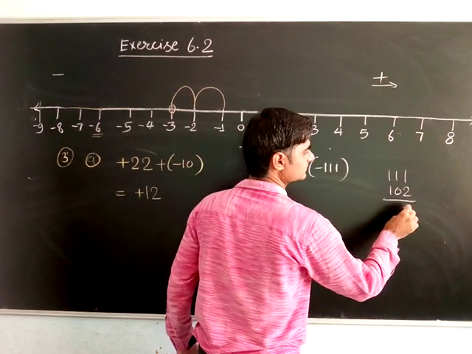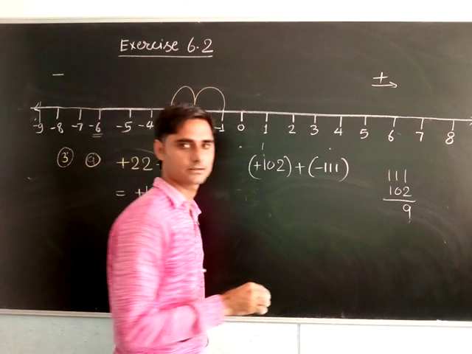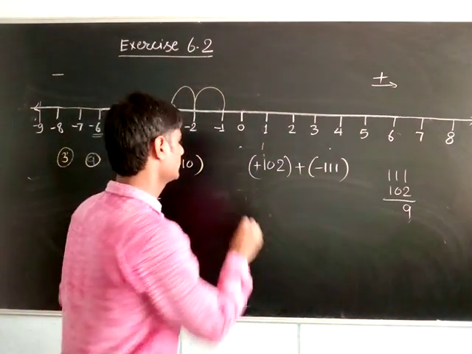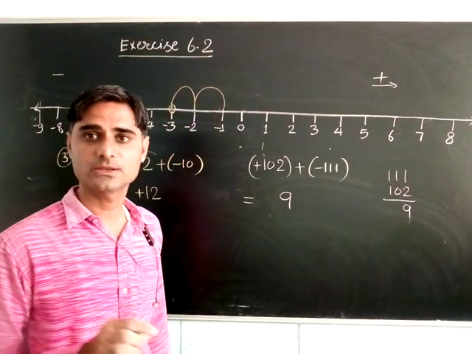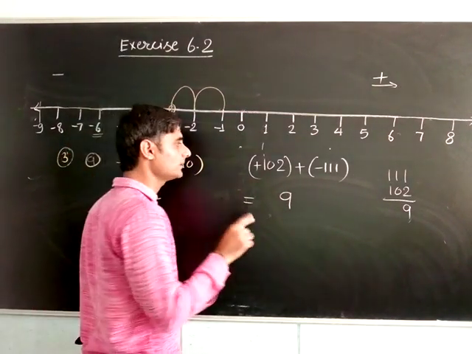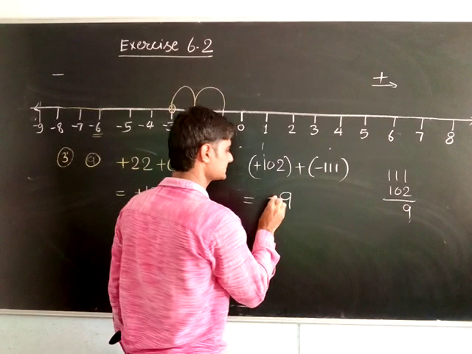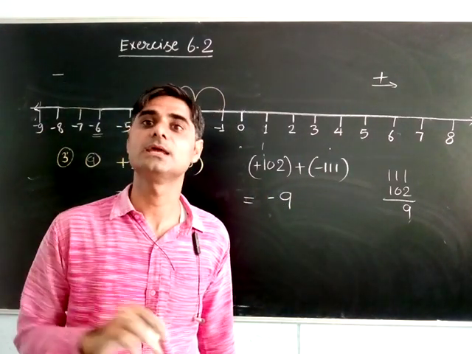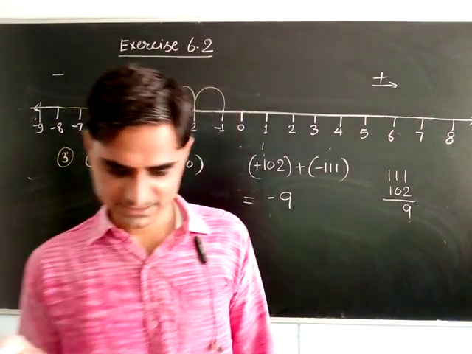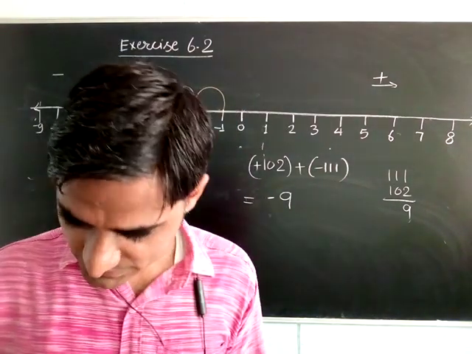What will come? 9. Right? 9 only will come. Okay, the solution will be 9. But with sign, what sign will come? The sign will be of the greater number, that is minus 9. Okay, this will be negative. So this is easy.